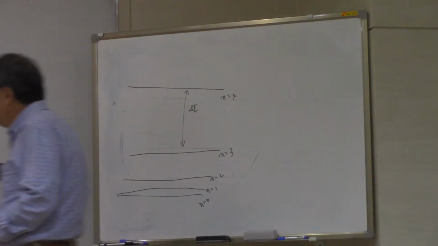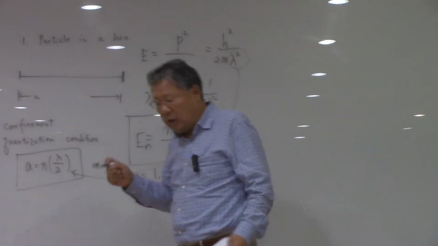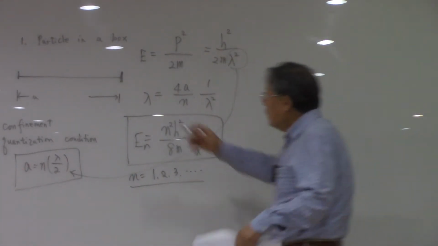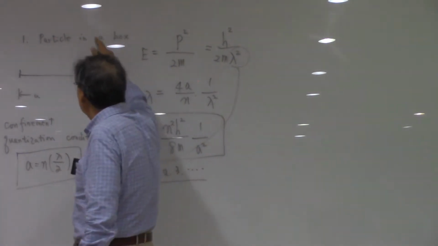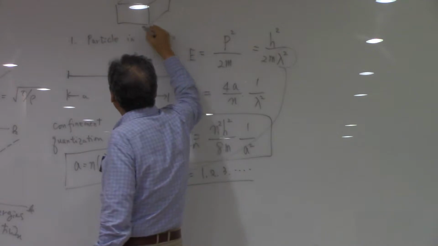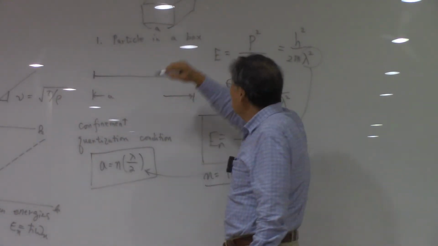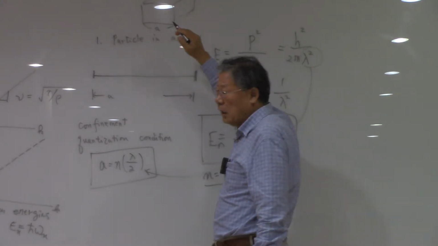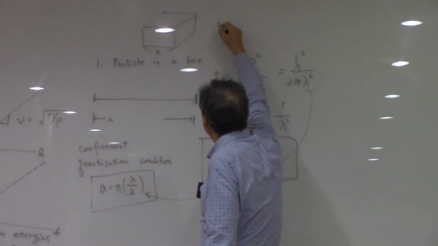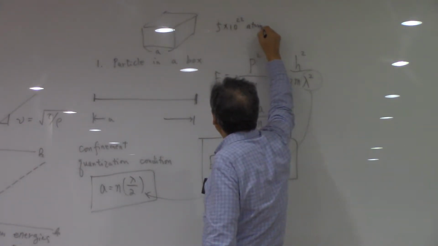That is the characteristic of free electrons in a box, in a solid atom. By the way, we have knowledge of this in the sense that this is a solid of dimension A, and in a solid, the number of atoms is about 5 times 10 to the 22 atoms per cubic centimeter.